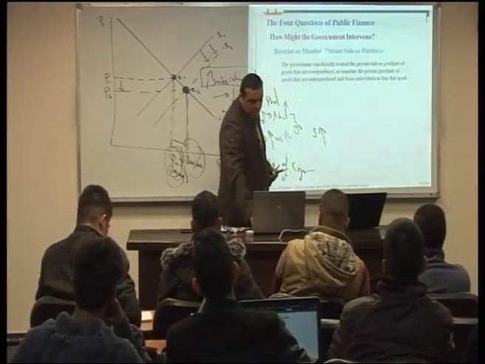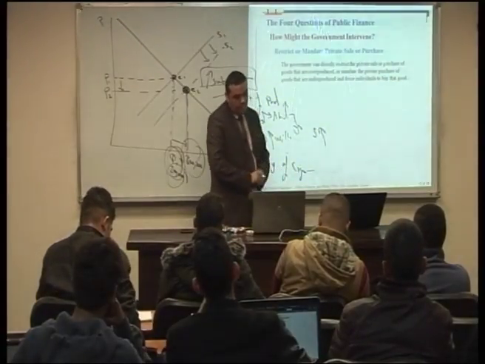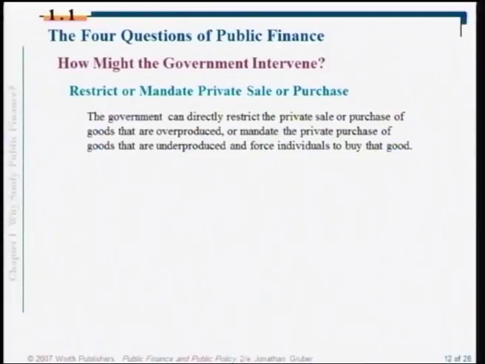So let's go to another thing. Here we are talking about how the government might intervene by maybe restricting or mandating private sales. Sometimes the government buys the products directly from the sellers in the country if there is an overproduction. Sometimes the government decides to buy the overproduction.